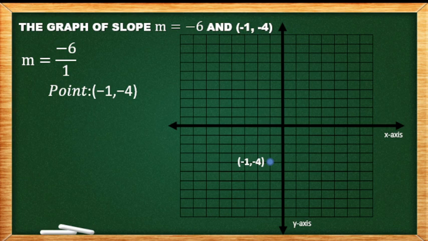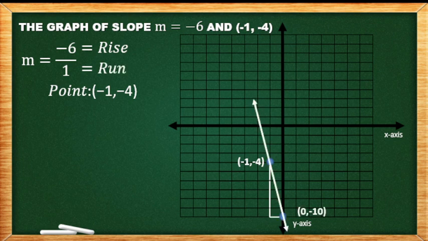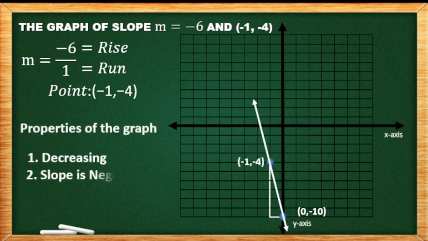So magra-rise tayo or bababa tayo ng 6 na beses. 1, 2, 3, 4, 5, 6. Then run to the right ng isang beses. Ayan. Then plot. Then construct a line. Then kunin natin yung properties. The graph is decreasing and the slope is negative.